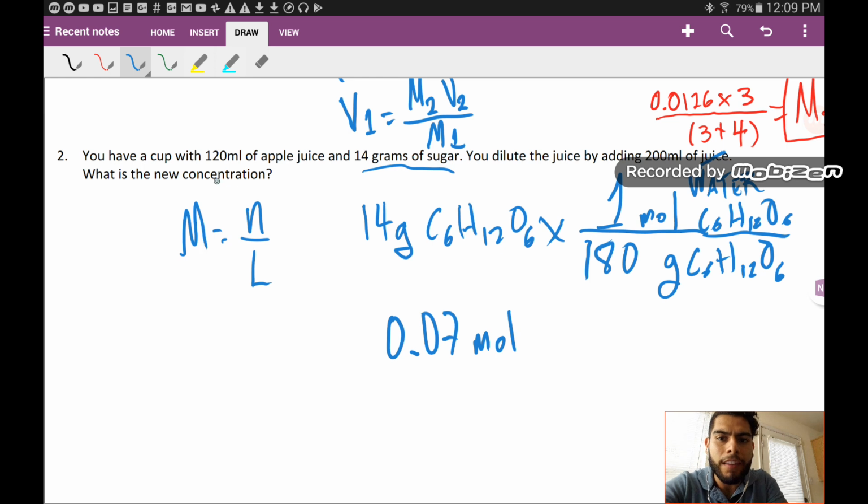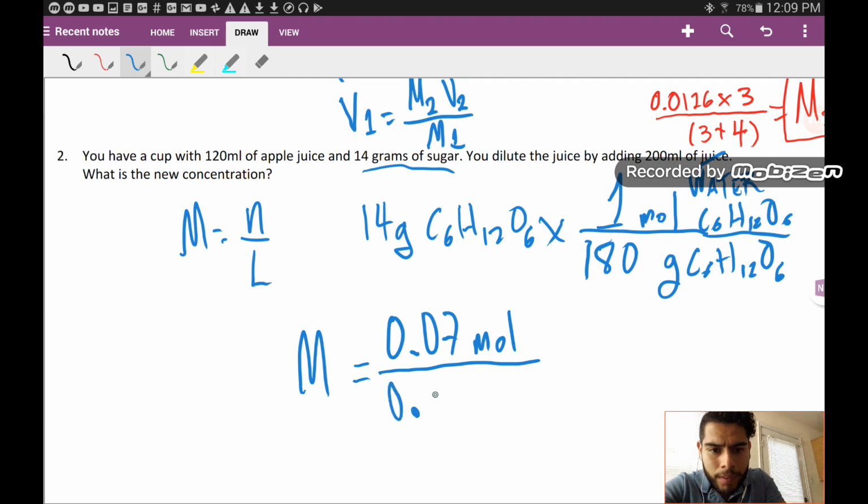We are going to divide that by the 120 milliliters, because that is the amount we have to calculate the molarity. Remember, molarity equals moles divided by liters. These are milliliters, so this is going to be 0.120 liters.